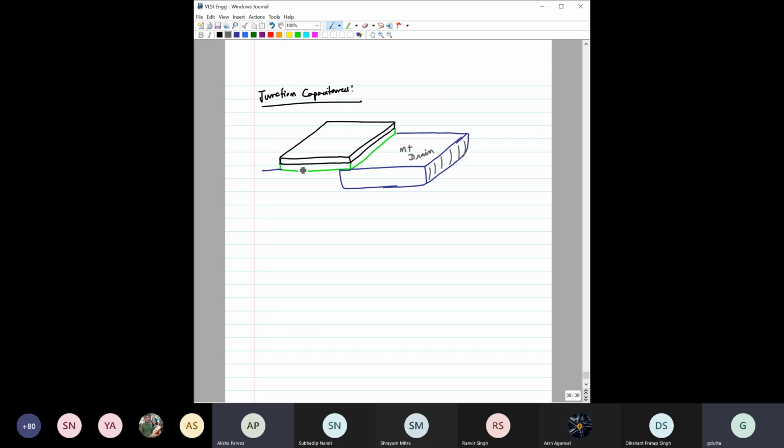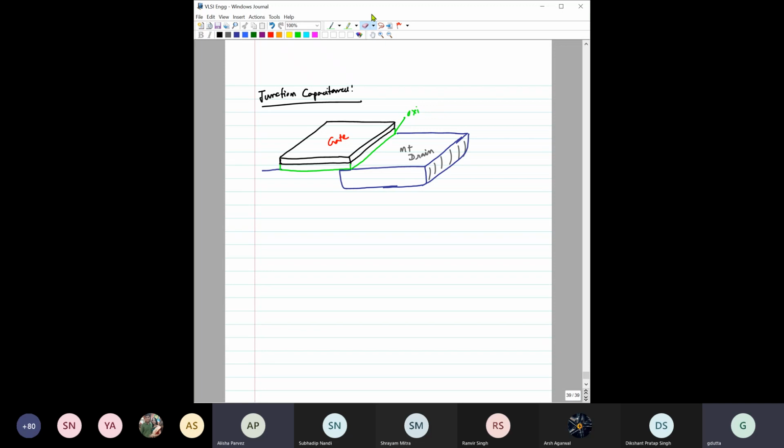I am not drawing it just to save some time, right? This is the overlap region, and this is the N plus region. You know that this is the gate, and below that the green one is oxide.